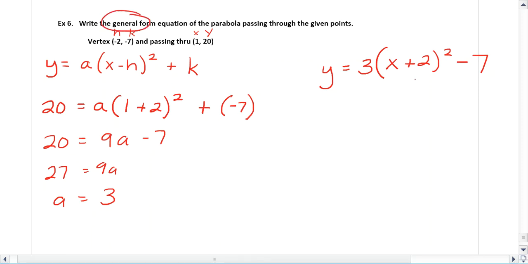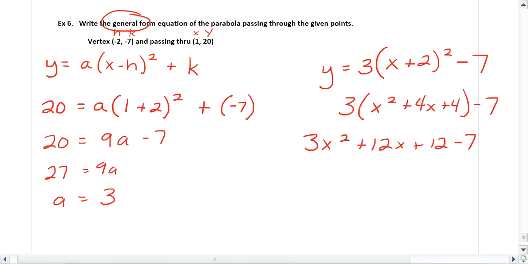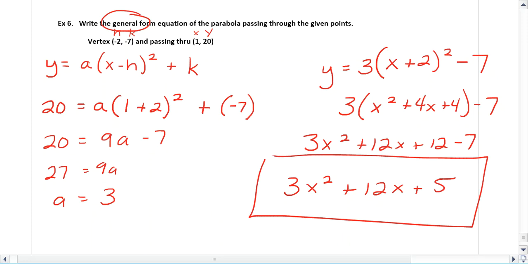So let's FOIL this out and multiply by 3. When I FOIL that out, I get x squared plus 4x plus 4. Doing the distribution with the 3, and then finally combining those like terms, I get a standard form quadratic equation of 3x squared plus 12x plus 5.